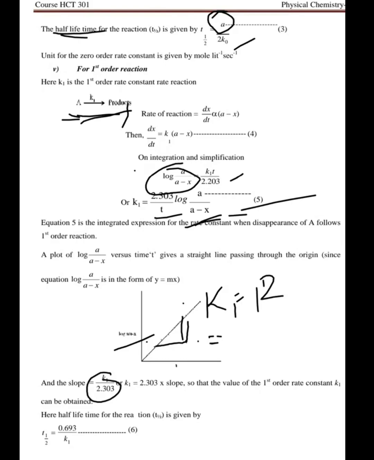To calculate, slope is K1 by 2.303. For this reaction, the half-life time is T half is equal to 0.693 by K1. This is the half-life time for this first order reaction.